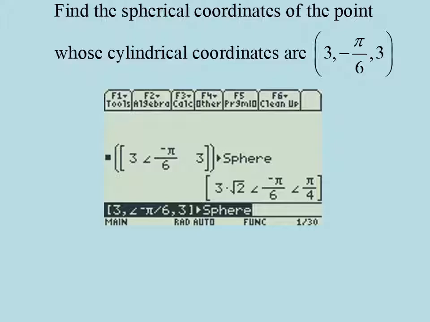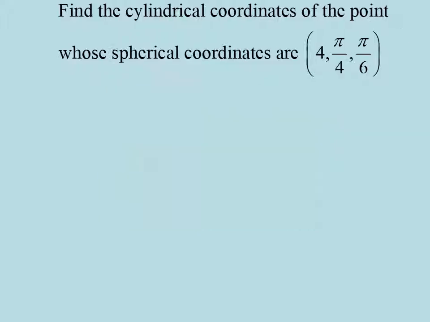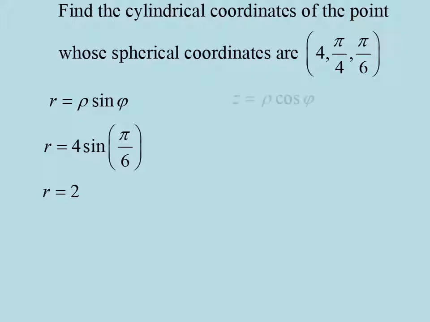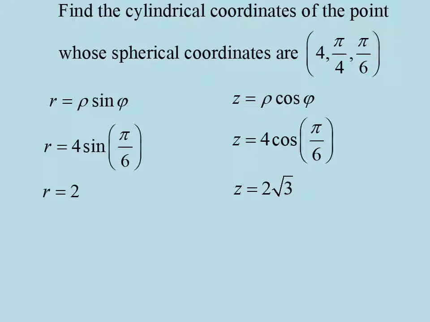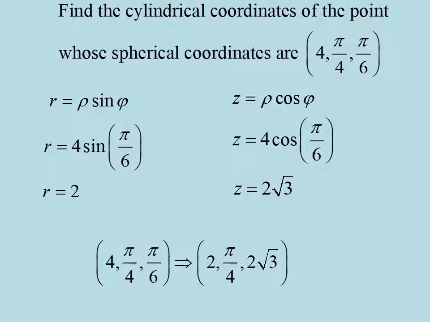Likewise, we could type this into our TI-89. Remember to use the angle sign on the second coordinate. And to go the opposite direction, from spherical to cylindrical, we'll use the R equals rho sine phi, substitute, sine pi over 6, and Z, substitute, cosine pi over 6, and theta stays the same.